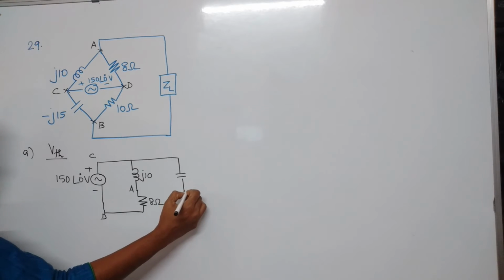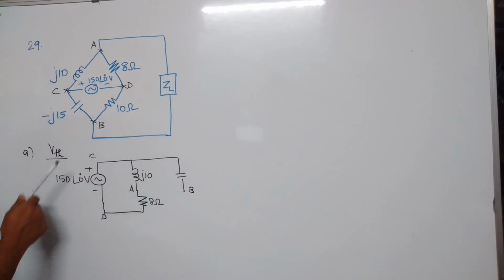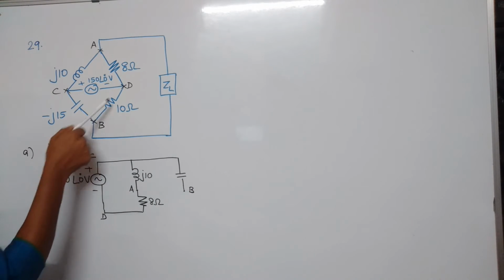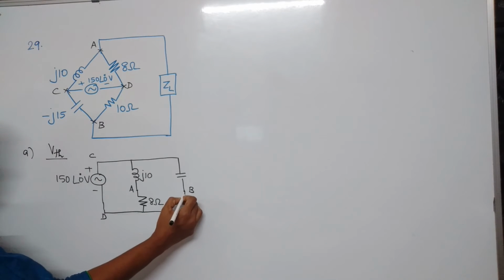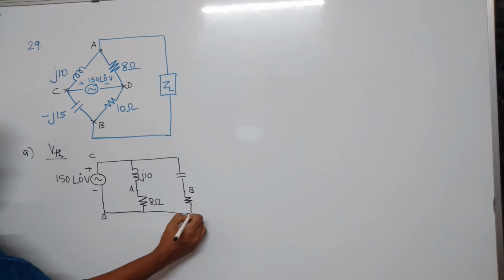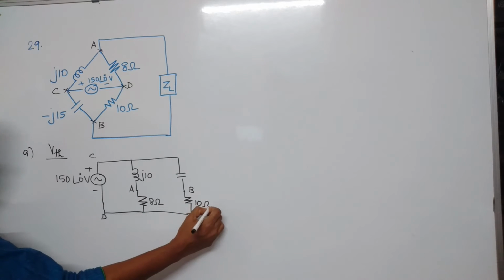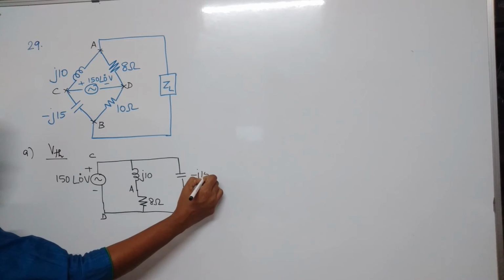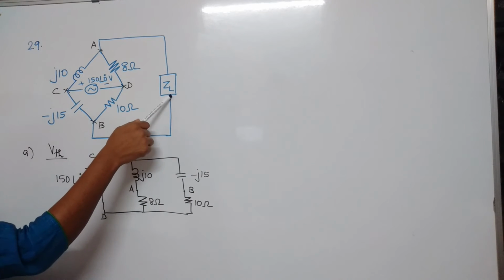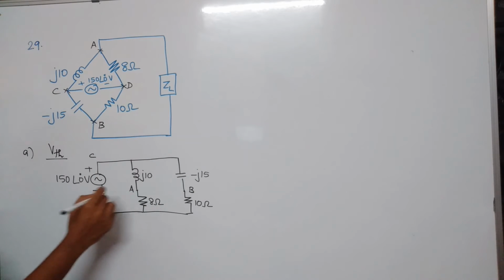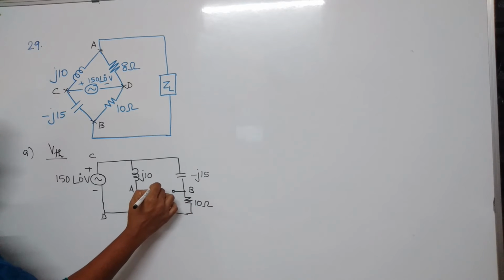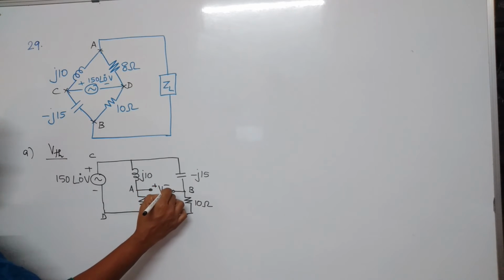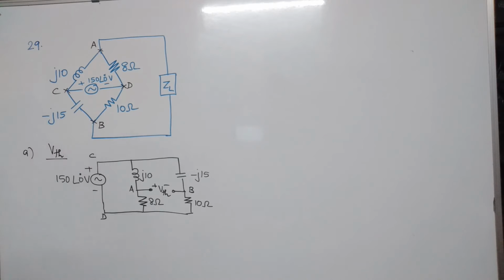So let this point be B. And 10 is between B and D. D is here. So here is our 10 ohm and here is minus J15. ZL is between A and B. So to find out VTH, we need to open circuit that and find out the voltage which appears across this.